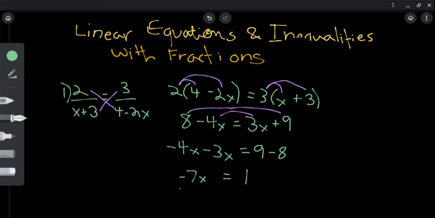Now we're going to isolate the variable by dividing by negative 7, because here it's being multiplied, so on the other side it's going to be divided. So divided by negative 7, divided by negative 7.